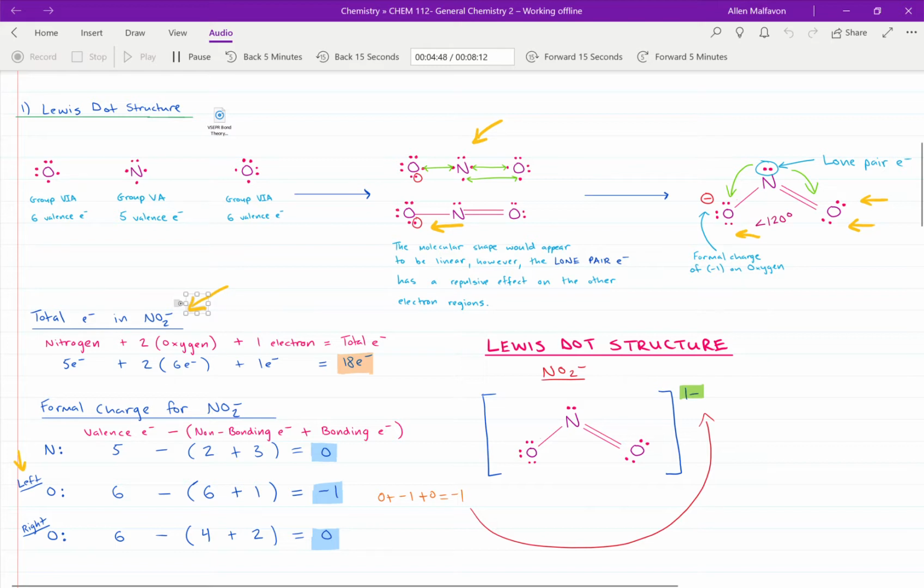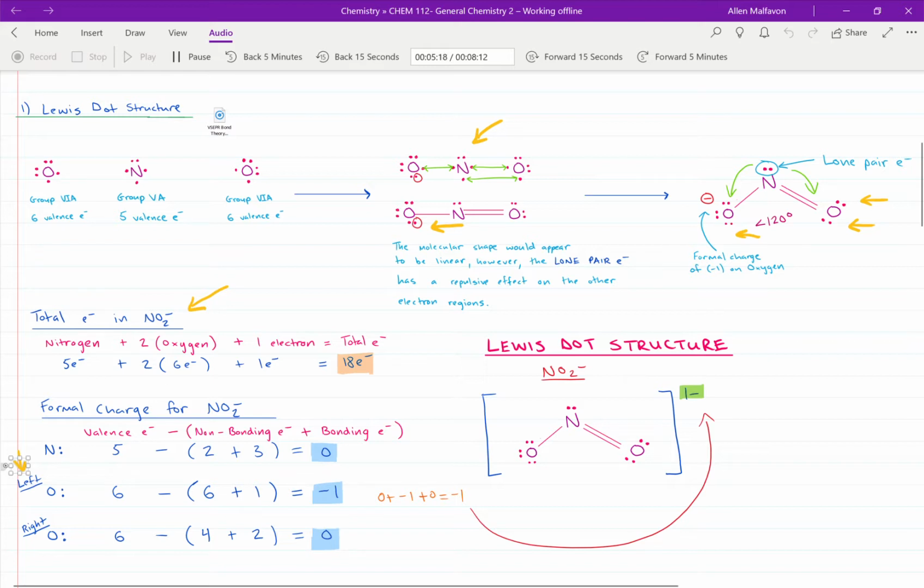For the oxygen atom on the left-hand side, and I've noted it here with this yellow arrow, we have a formal charge of -1, because we know that if there should be a negative formal charge, it should be assigned to the most electronegative atom, and oxygen is further to the right in the periodic table, so it is more electronegative than nitrogen.